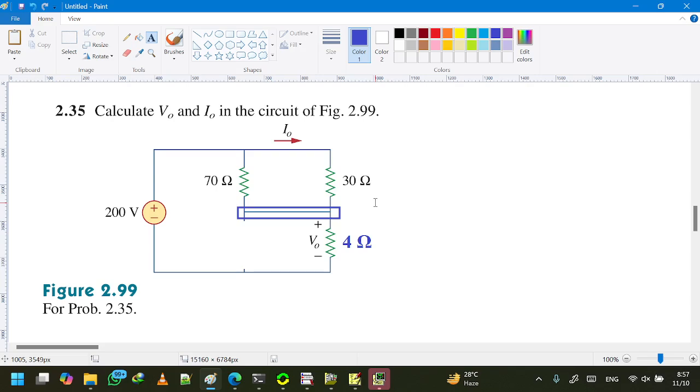Now on the top, we see that 70 and 30 are also in parallel. But if we mix them up, then the I0 current will be lost. So we can just draw a border to indicate that we understand that these two are in parallel.